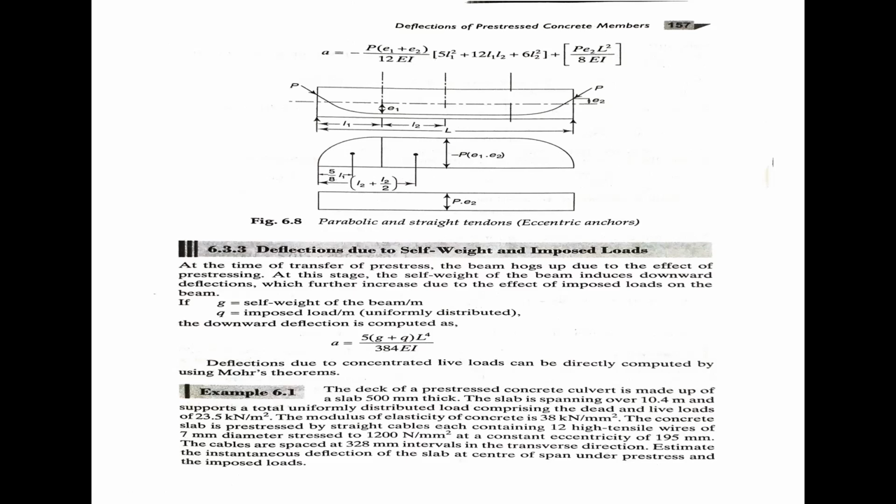The deflection formula is A equal to 5 into (G plus Q) into L to the power 4 divided by 384 EI. I use this formula for deflection due to self-weight and imposed load.